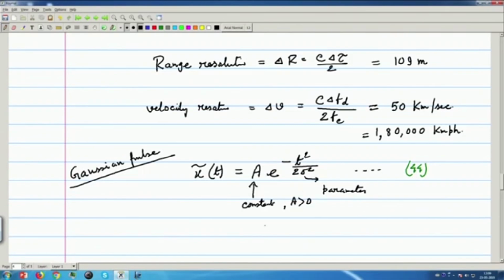For a Gaussian function we can always find the Fourier spectrum. So, first is the Fourier transform of this. I am not going into that, that is pretty easy. If you compare this with the standard normal distribution, you can get it as exponential of minus 2 pi f whole square sigma square by 2.